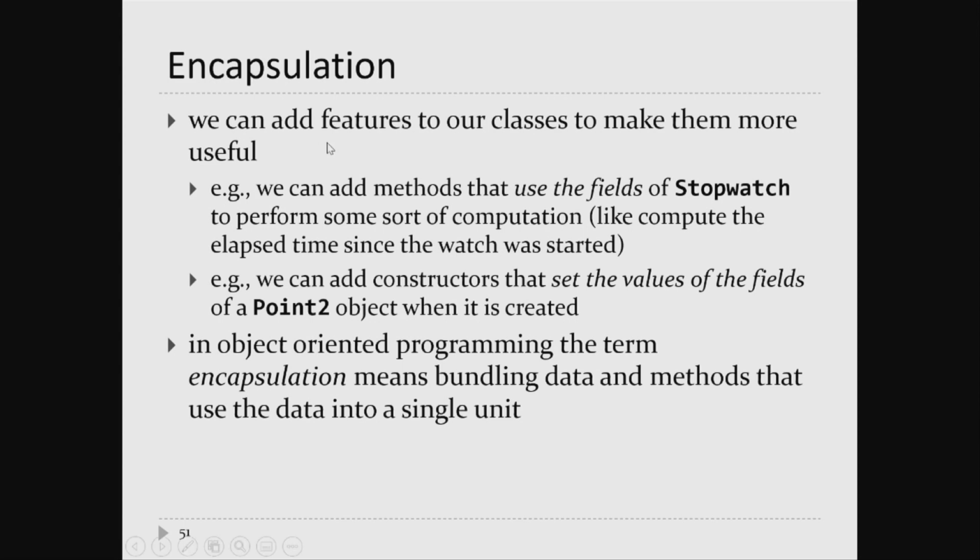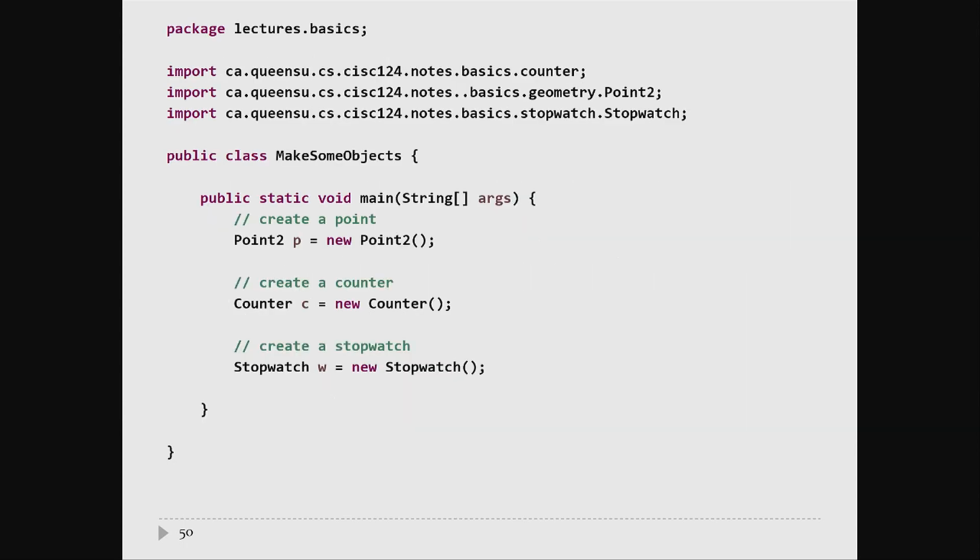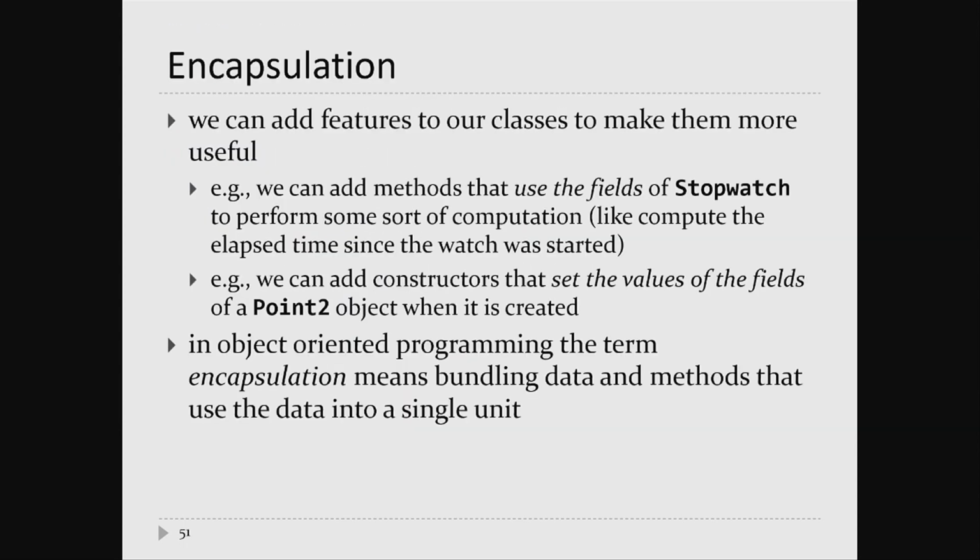Okay, so we can add features to our classes to make them more useful. So I can make these objects, but I can't do anything with them yet. So how do I make these objects do stuff? Well, you add methods to the class. What are the methods going to do? The methods are going to use the fields to do something. And that's why you put information into your objects.